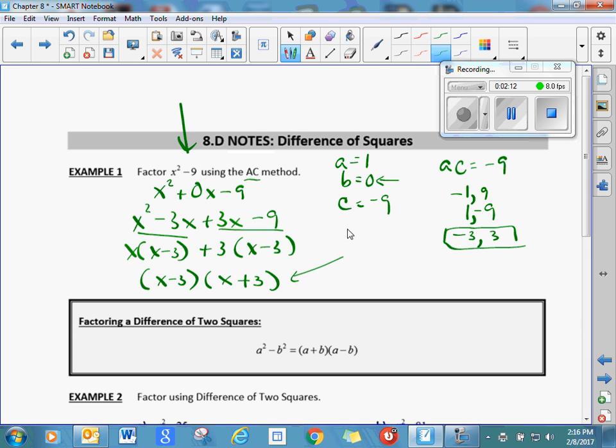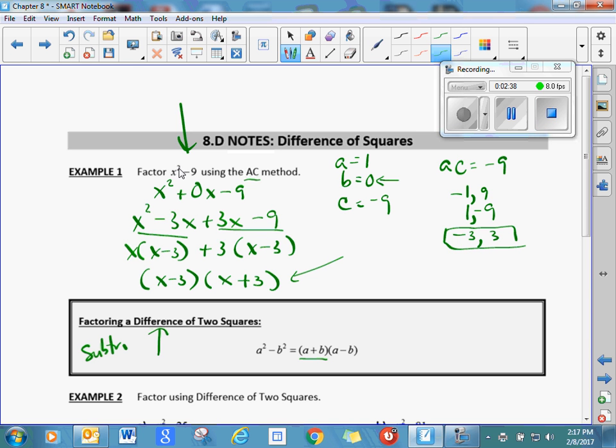So what you will begin to notice is that when you have the difference, meaning you've got subtraction, of two perfect squares, you can factor it really simply and quickly by just writing A plus B, A minus B. Here I'm noticing that I've got an x squared.